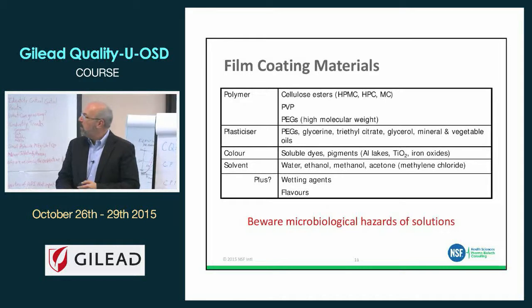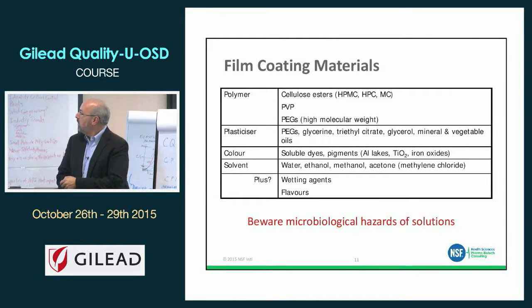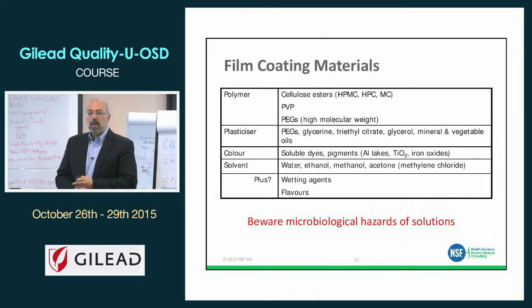What do we use for film coating? A series of polymers: cellulose esters, polyethylene glycols, PVP we talked about. Beware microbiological activity. As an industry, we've moved away from some of the nastier solvents that we used to use as a mobile phase for some of these coatings.